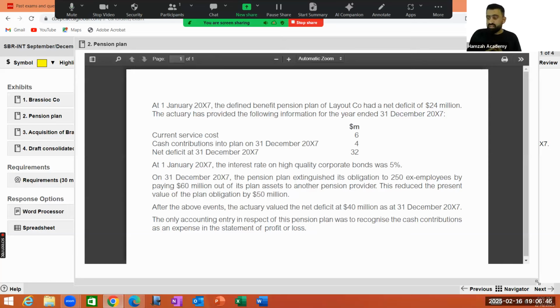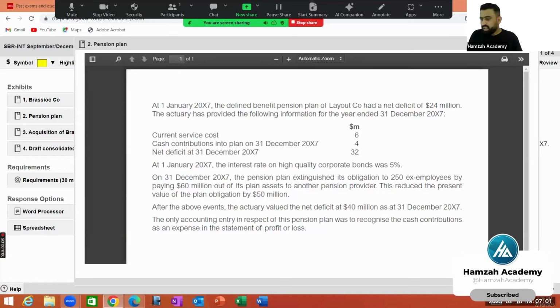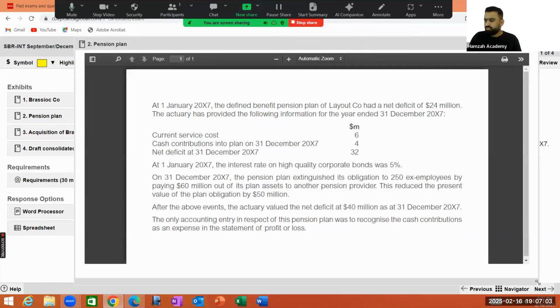On 31st December X7, the pension plan extinguished its obligation to 250 ex-employees by paying 60 million out of its plan asset to another pension provider, and this reduced the present value of the obligation by 50 million.